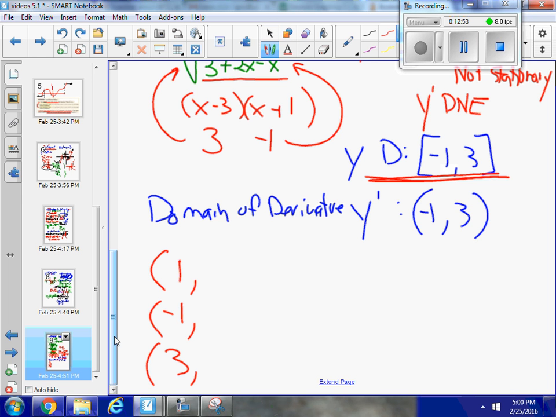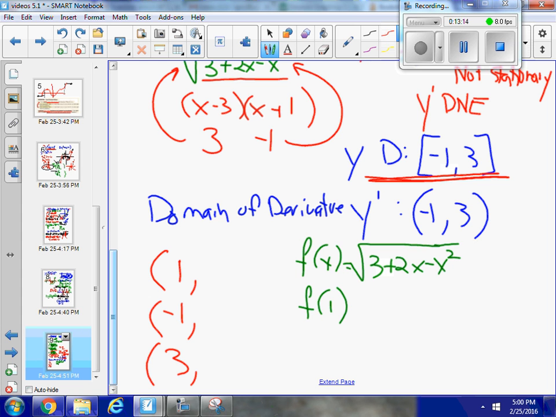Well, my function again is the square root of 3 plus 2x minus x squared. So this is f of x, and let's find out what f of 1 is.